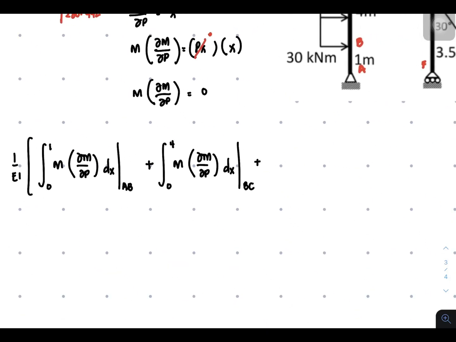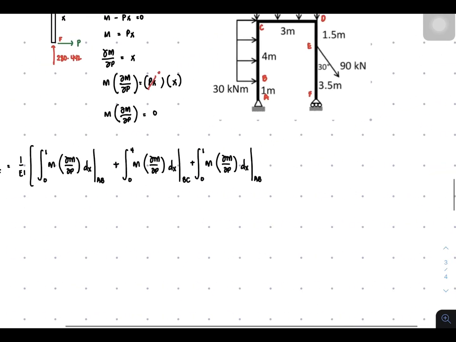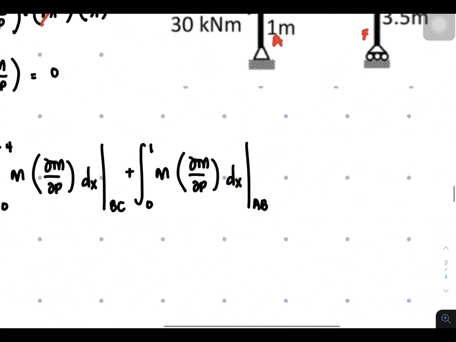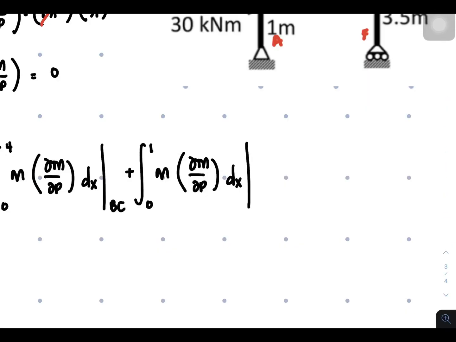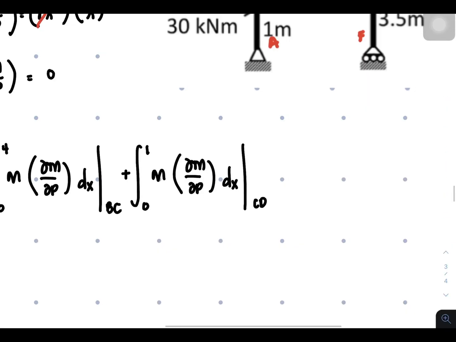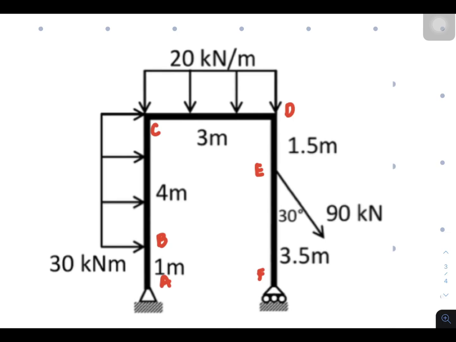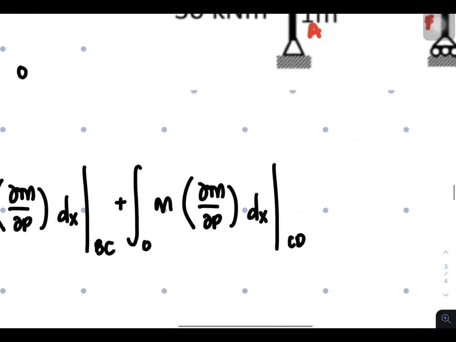And then plus the next integral, this is for C to D. The limit now changed. C to D is 3 meters, so therefore 0 to 3.